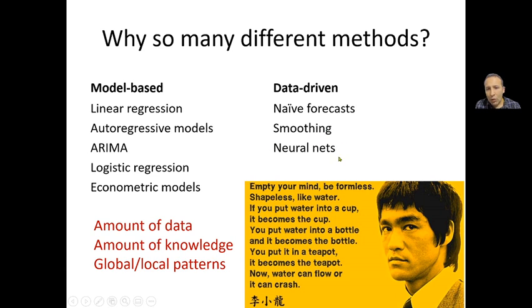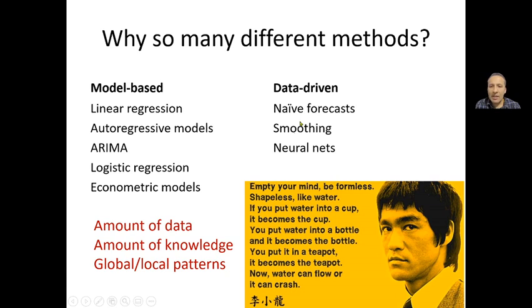I want to say that neural networks also allow the inclusion of other parameters, for instance, if we are forecasting GDP, we could add other variables such as any other fundamental in the economy. This does not happen with naive forecasting and smoothing, and it does happen with these model-based methods. With these ones you can run a lot of theoretical models.